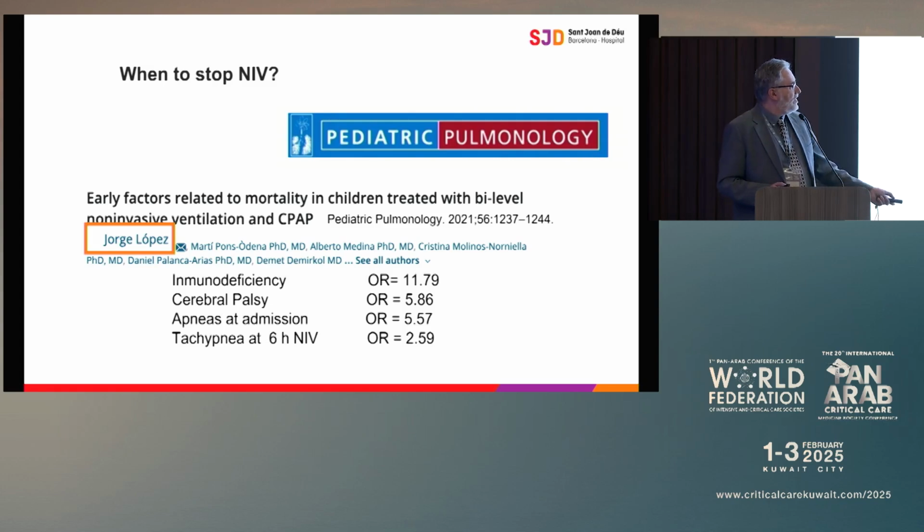If I have a patient with cerebral palsy, there is an increased odds of mortality because in many countries, for ethical reasons, this is the ceiling of treatment. So we are not going to offer more treatment. We know that these patients have a risk of 50% of mortality. So when they fail, obviously they end up with very palliative care.